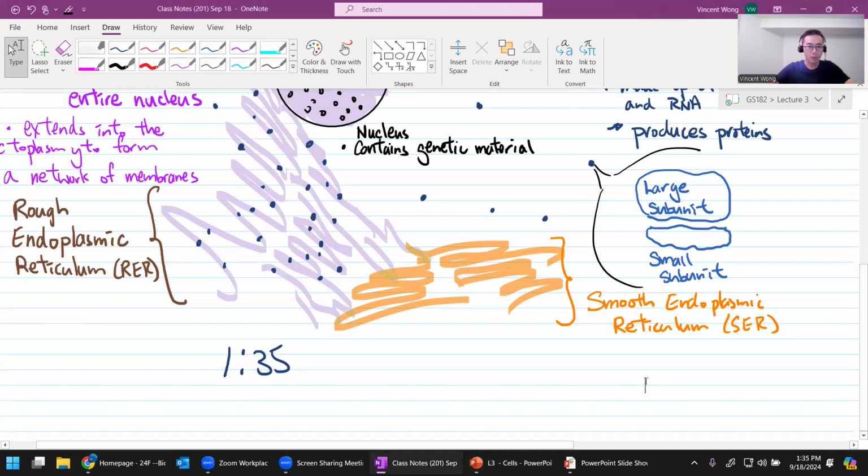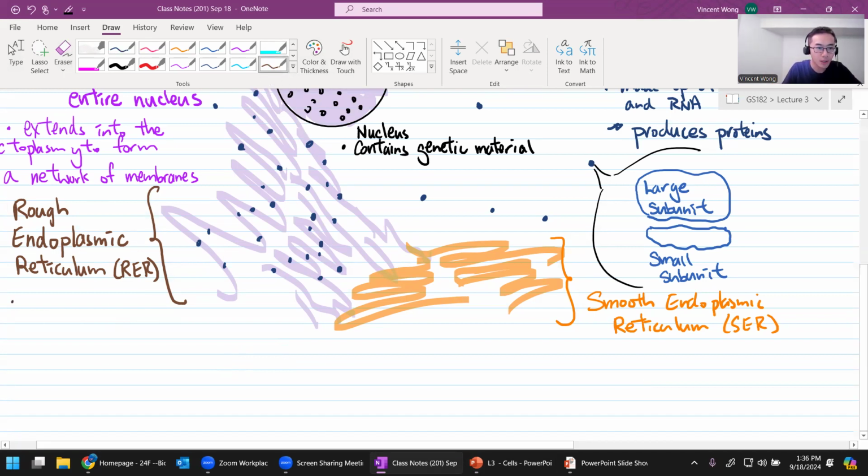All right, let's keep going. Now that we have the distinction between the rough and the smooth ER, basically whether they have ribosomes on them or not, let's take a closer look at what each one of them actually does. Starting with the rough endoplasmic reticulum.